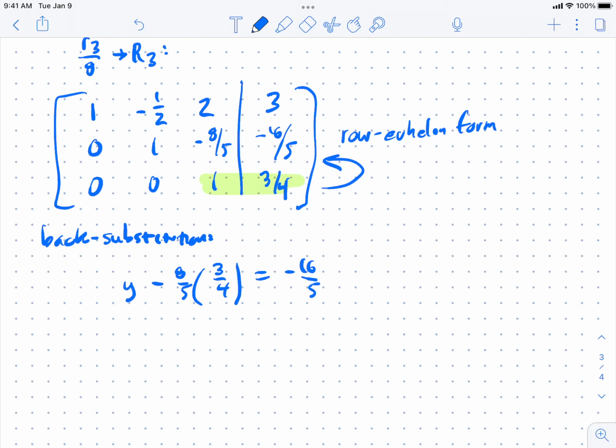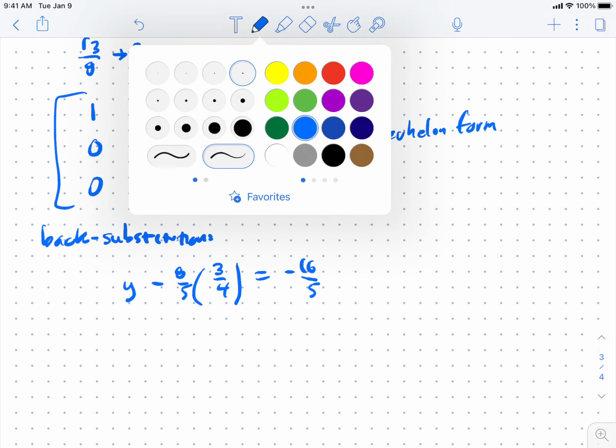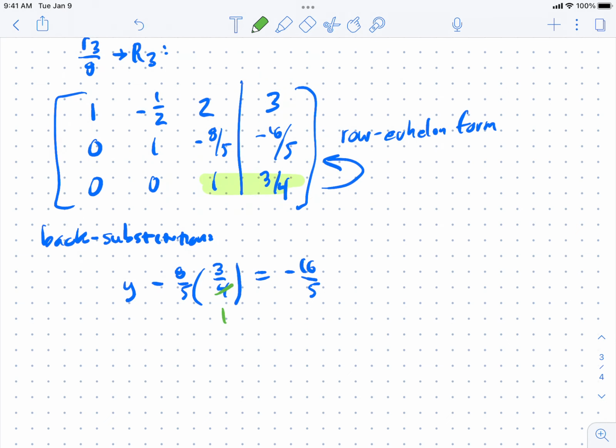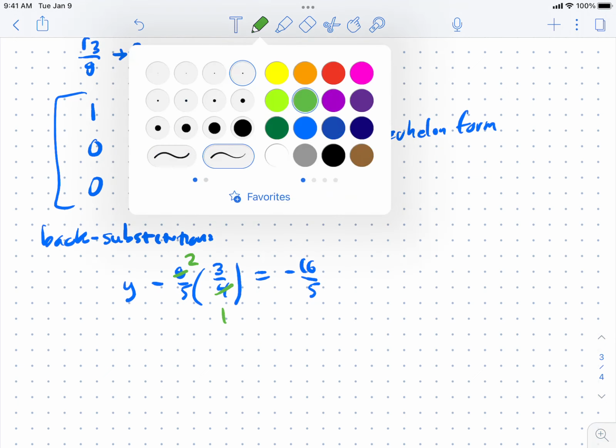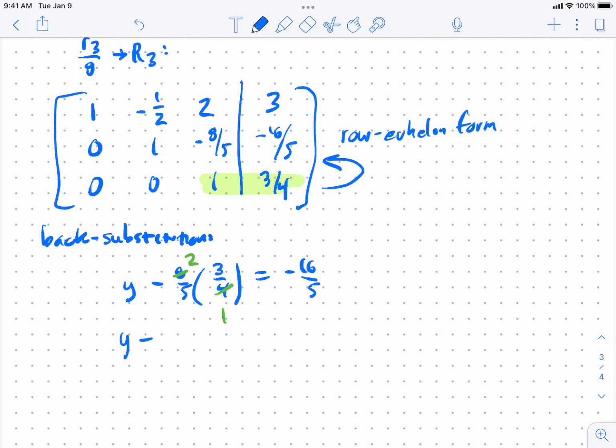Okay, this should simplify somewhat. Notice the 4 cancels into the 8 twice, so that's cool. So what I got then is y minus 6/5 is equal to negative 16/5. So if I add 6/5 on both sides, I get a negative 10/5, which is negative 2. Y is negative 2.